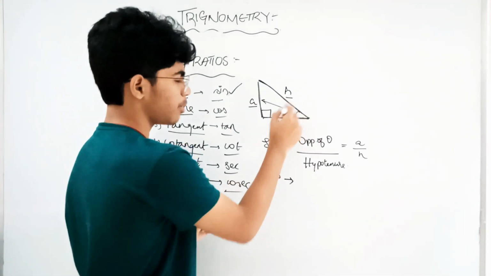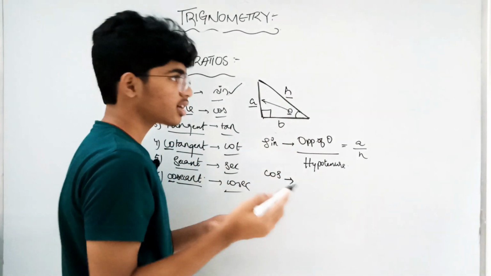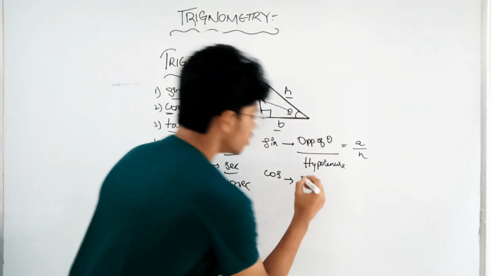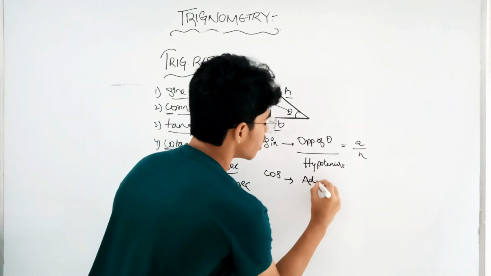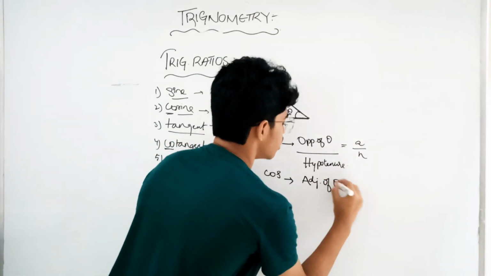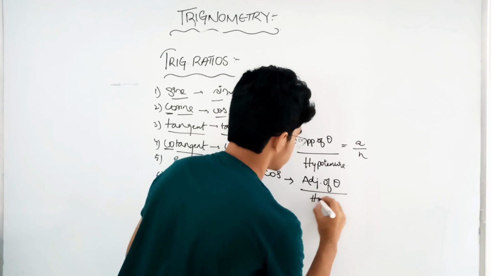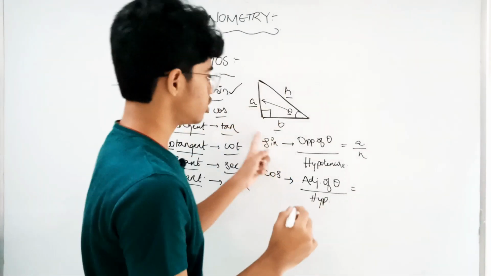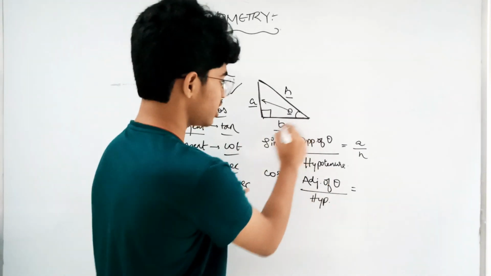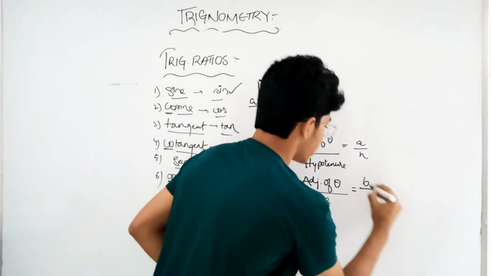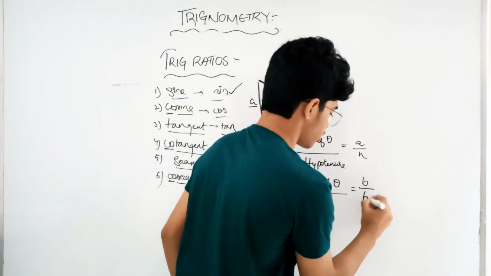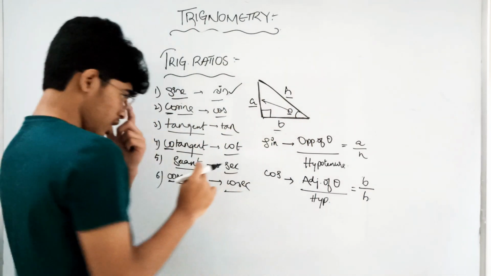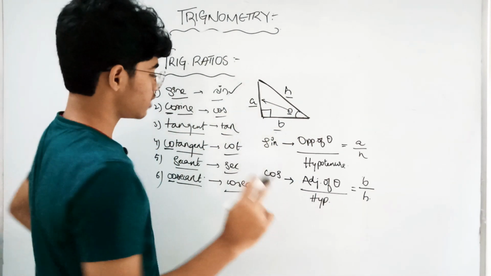So we have two, the hypotenuse and B. The one that doesn't contain the hypotenuse is B. So we write adjacent of theta over the same hypotenuse, which is equal to B by hypotenuse h. Right? Good. So we completed sine, cos, and next we are going for tan.